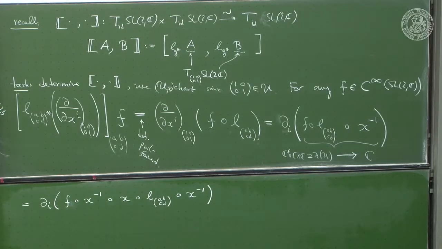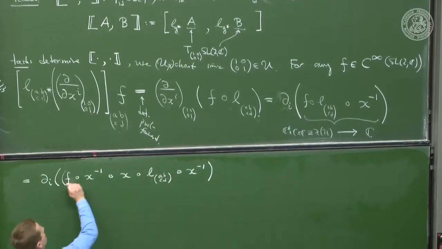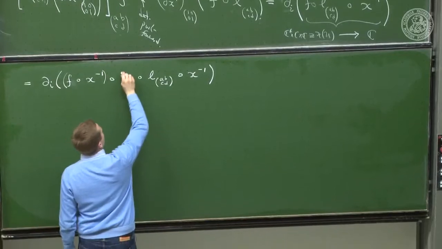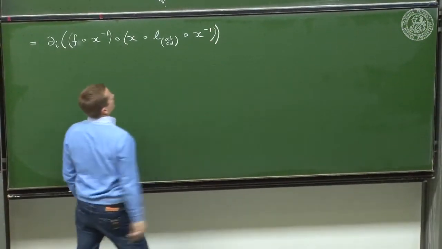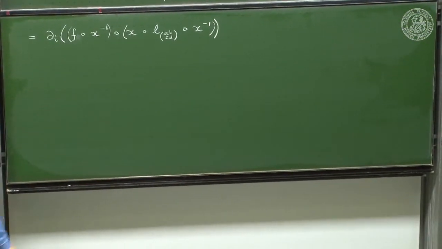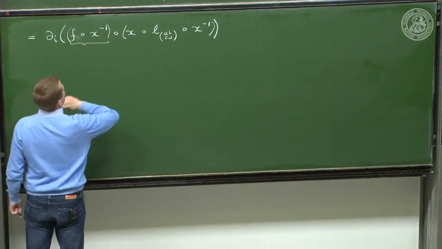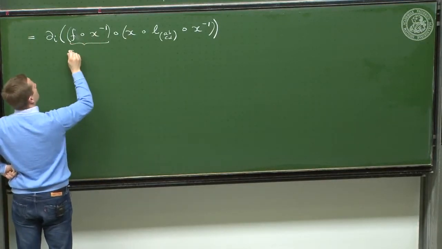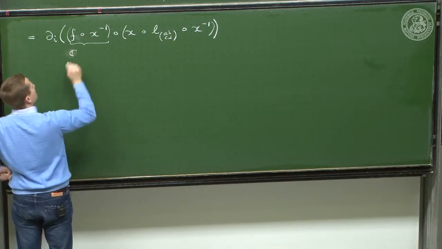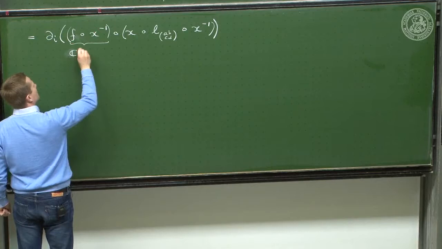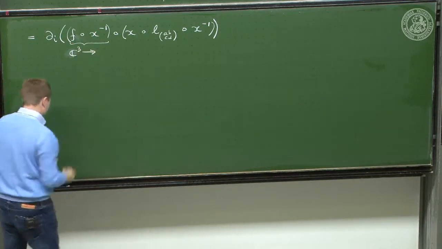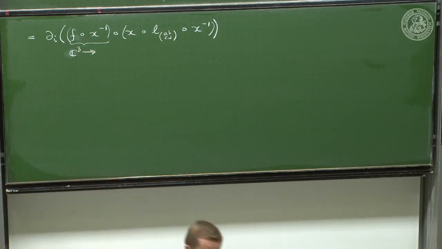Right. But now I can choose the associativity of the composition, and I find that this here is a function that goes from some part of C3. Well, let's not be so picky here. The only thing I want to check is whether we can do this by standard analysis rather than manifold theory.